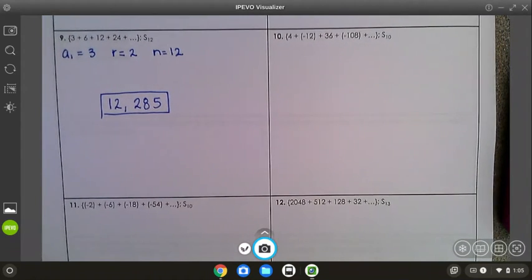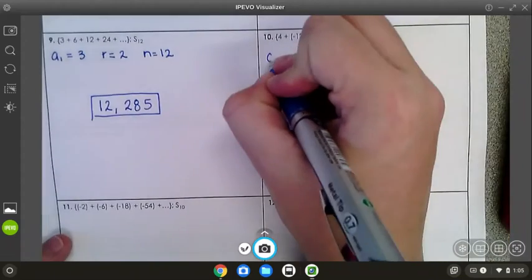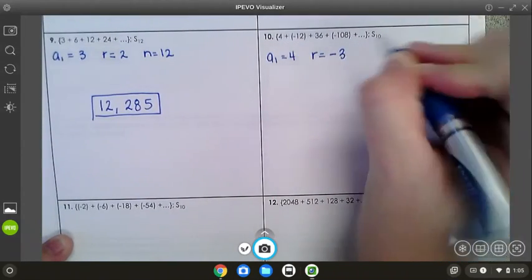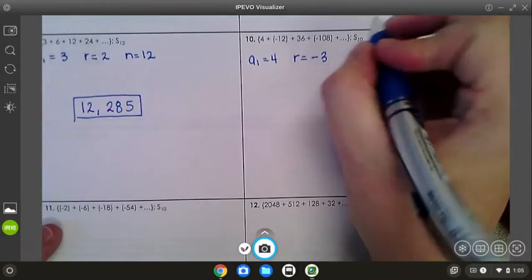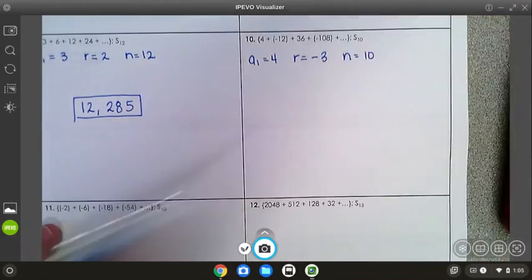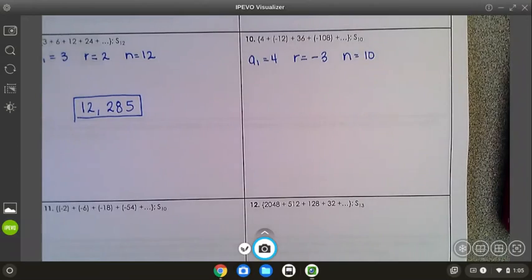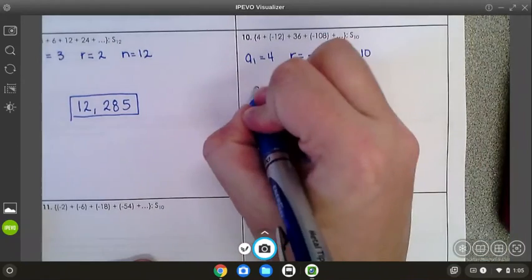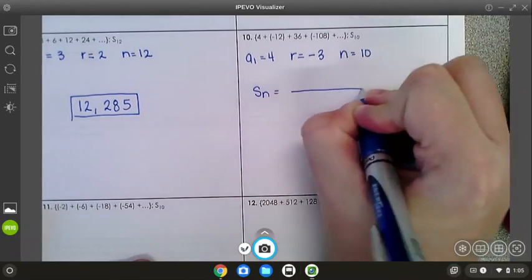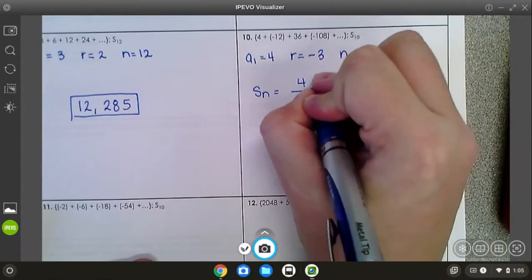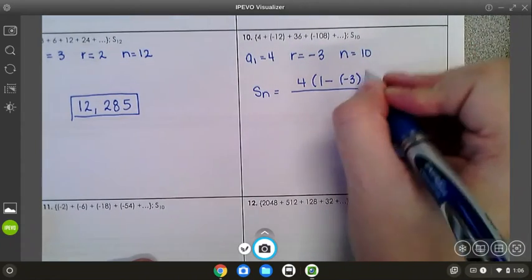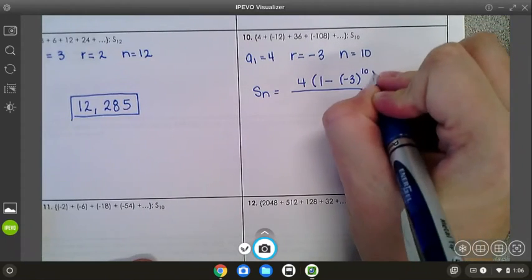Number 10, your A1 is 4. Your R is -3. And your N is 10. So something that you could have messed up on when you're writing out this formula, you absolutely have to put that R in its own parentheses.